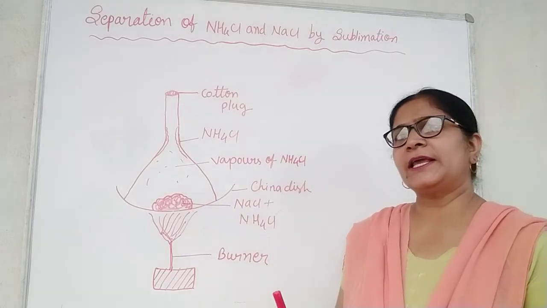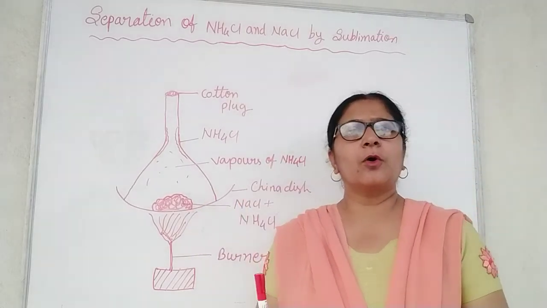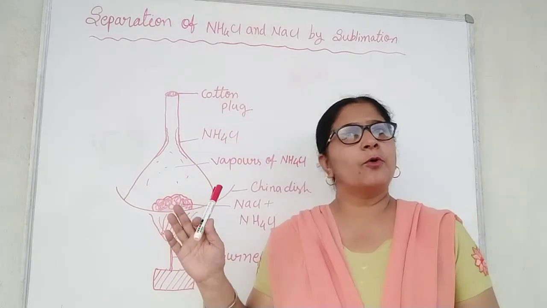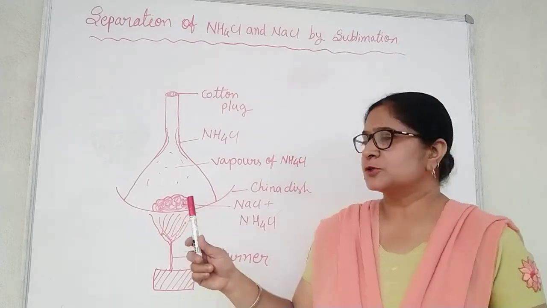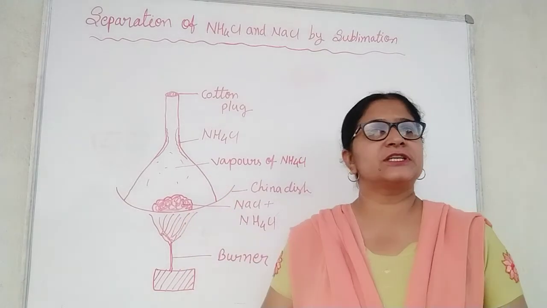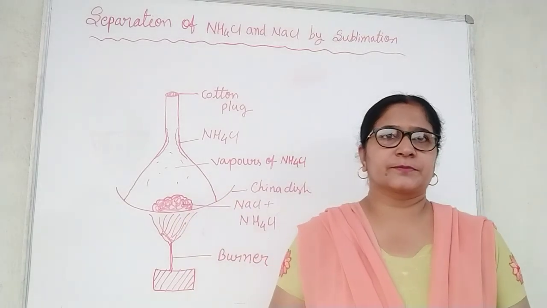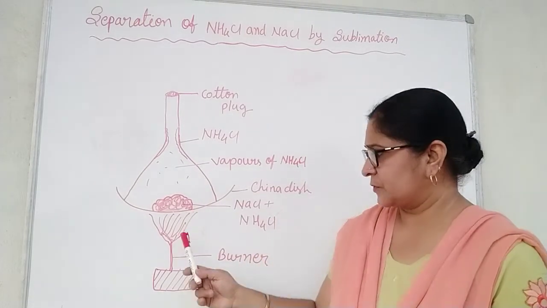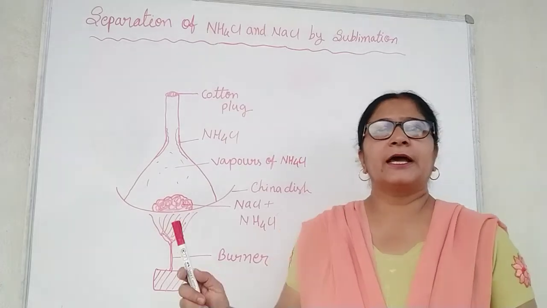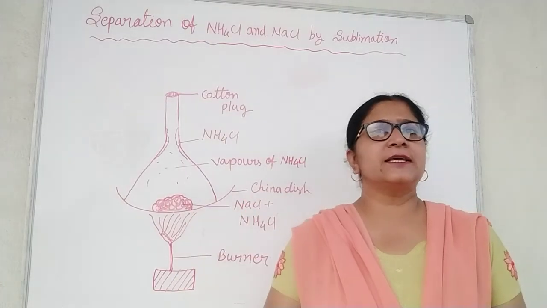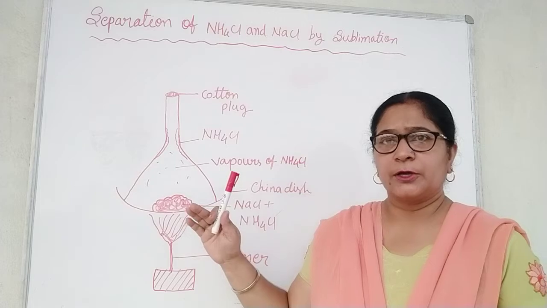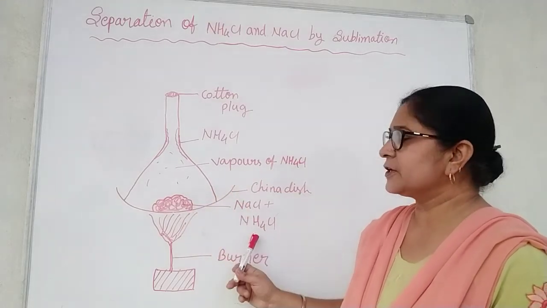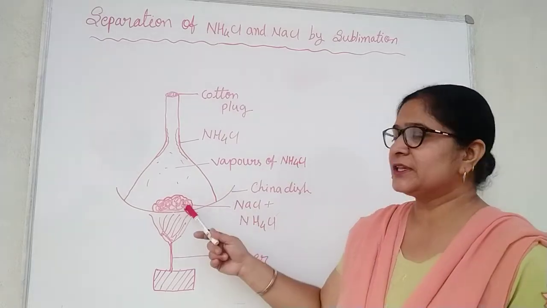Here you put the whole mixture of salt plus NH4Cl, ammonium chloride. Then you heat it. Since NH4Cl is a sublimate, it converts into gas.